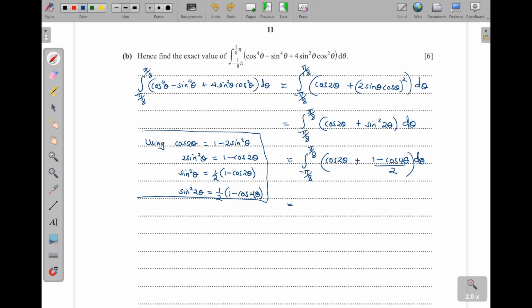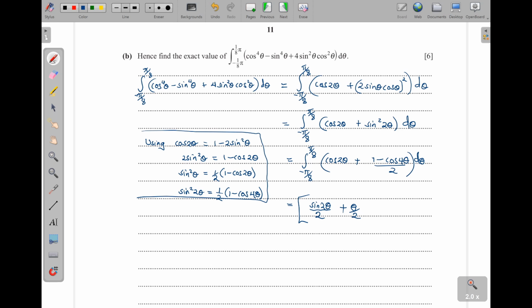When we integrate a cosine, we get a positive sine. So we write sine 2 theta, but you differentiate the angle inside, then divide through. If it is differentiation, we multiply through. If it is integration, we divide. So this one will be over 2. Then plus, this is 1 over 2, so integrating it we get theta over 2.